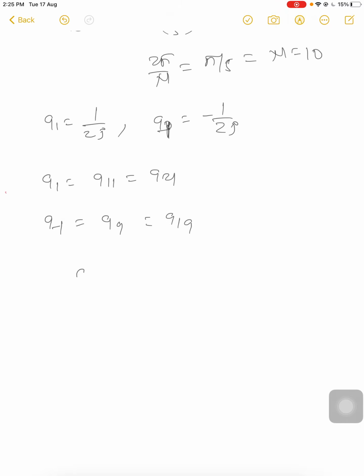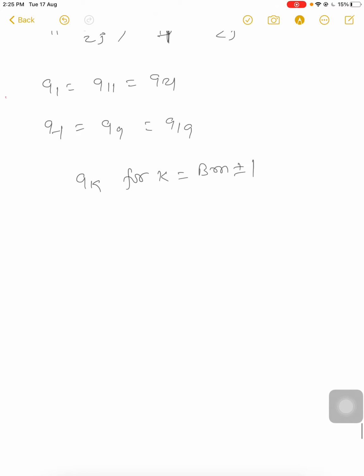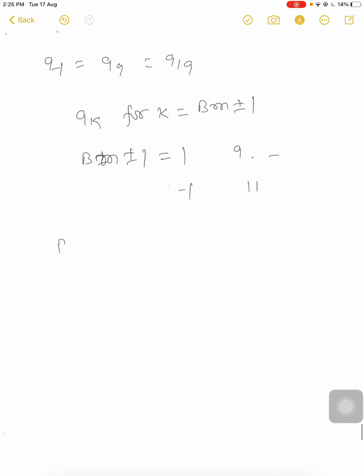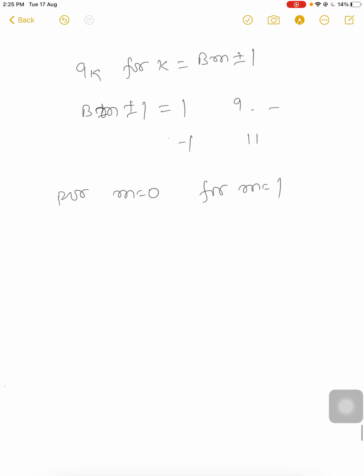So given that ak is non-zero for k is equal to bm plus minus 1, so bm plus minus 1 is equal to 1 and minus 1 for 11, for m is equal to 0, for m is equal to 1.